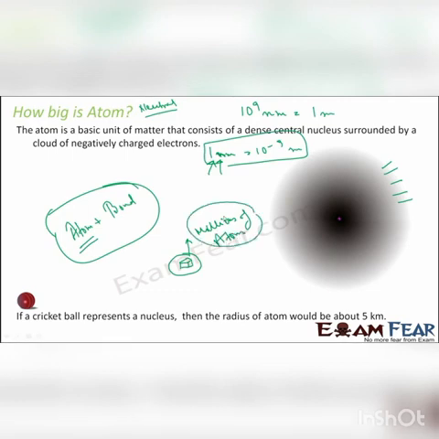Understand the size now. At this size we are talking about, very, very small, it can't be visible with the naked eye. Still very powerful, and that's why we are studying it, because this is the atom which actually decides the physical and the chemical properties of a given matter.